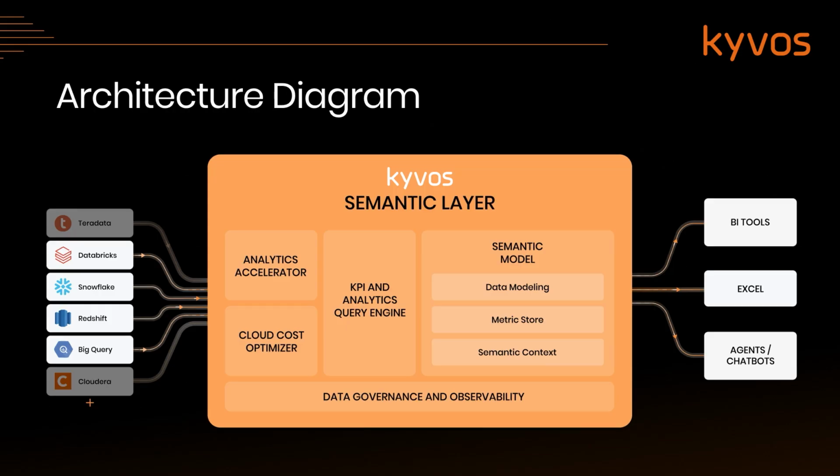From a security and governance perspective, organizations usually establish user provisioning and SSO systems with identity providers like Azure AD, Okta, or LDAP. So Kyvos integrates easily with all the major IDPs, ensuring secure, seamless access. On top of that, Kyvos strengthens data governance with its built-in service called Auth-K.